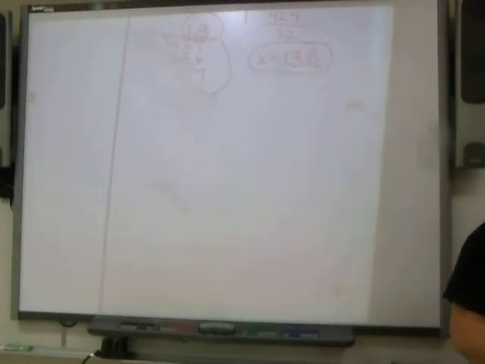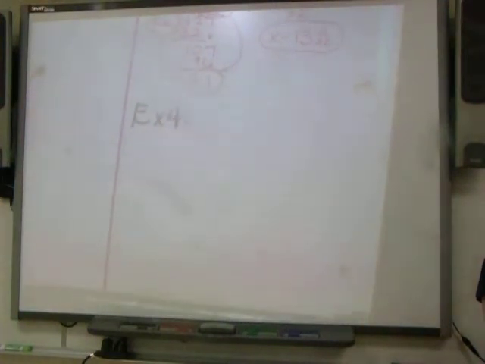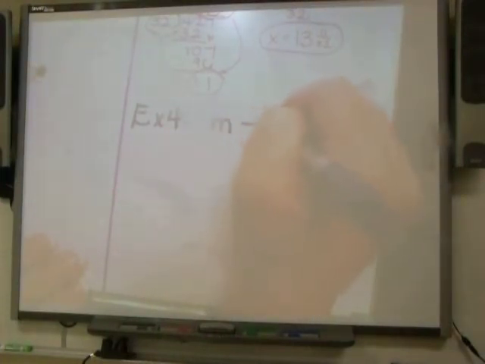But let's look at a subtraction problem. We haven't looked at one of those. So example 4 is going to be number 2. M subtract 1.5 is equal to negative 5/4.